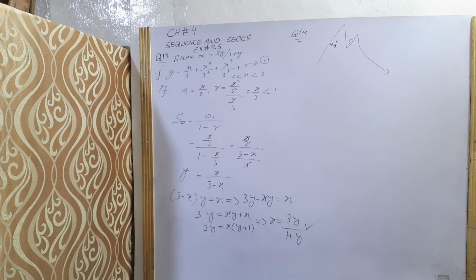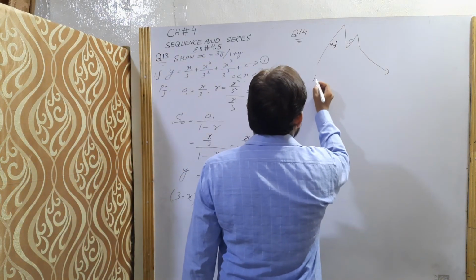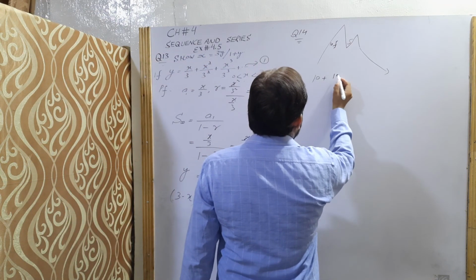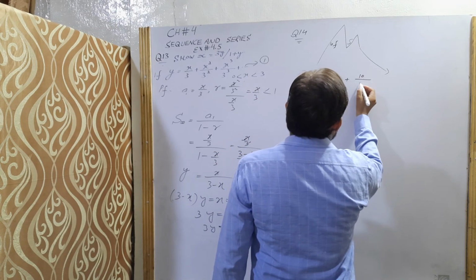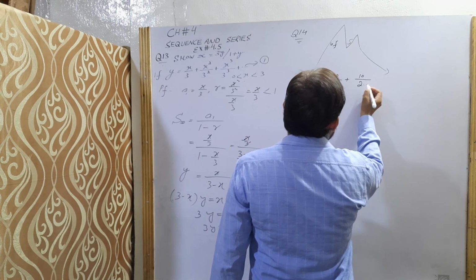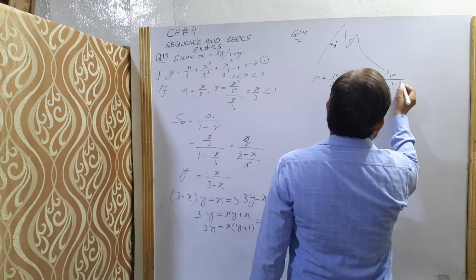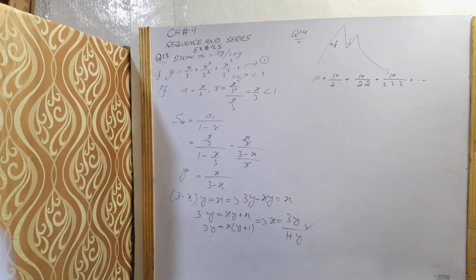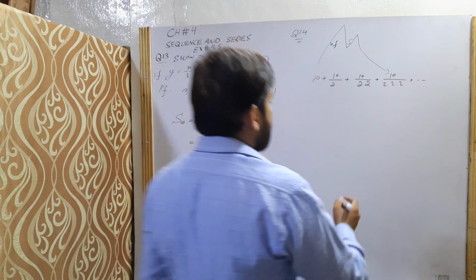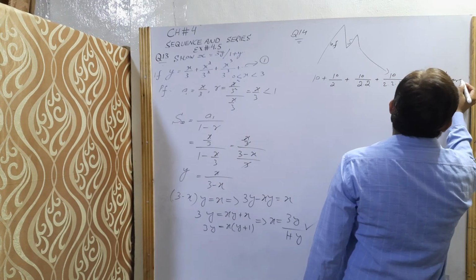So in this case it is like a geometric series. The first term is 10, and then 10 by 2, half, and then half of that, and so on, up to the 8th term.